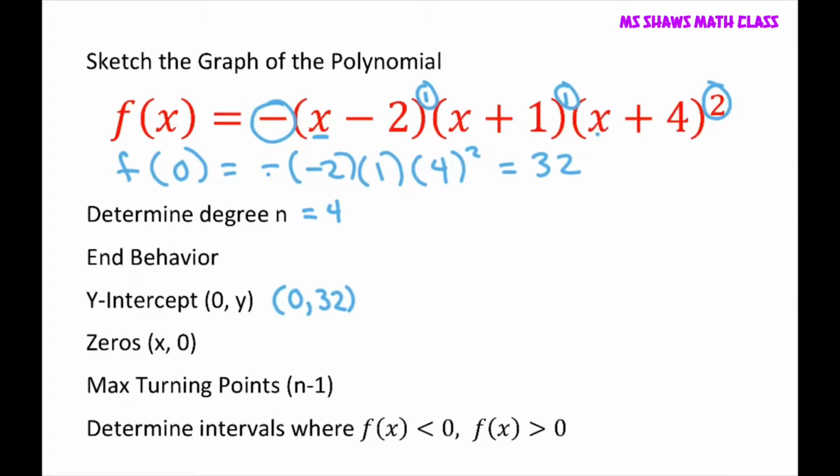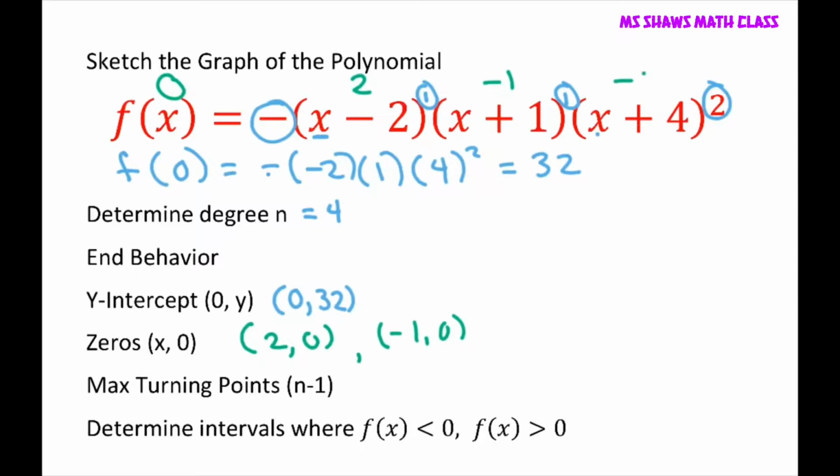All right? Now our zeros, or our x-intercepts, are when y is 0. So when this whole thing is 0, we can have 2. If I plug in 2, that's going to make it 0. If I plug in negative 1, that makes it 0.